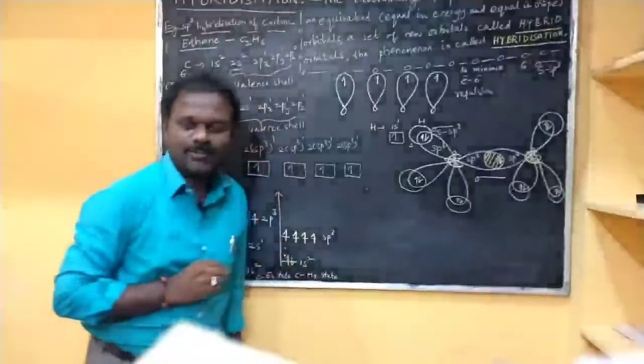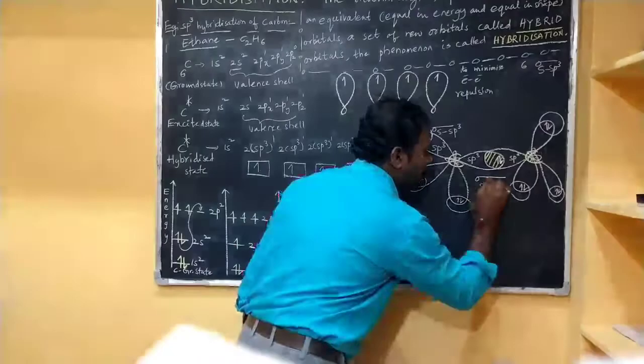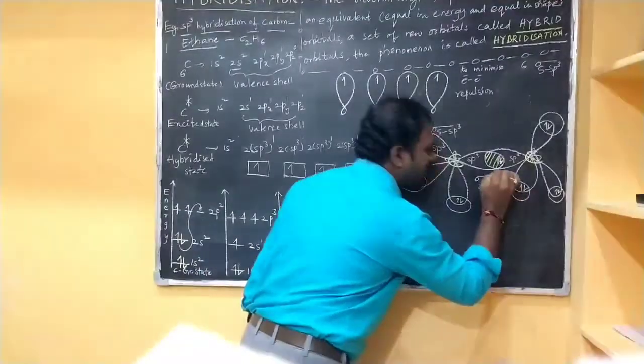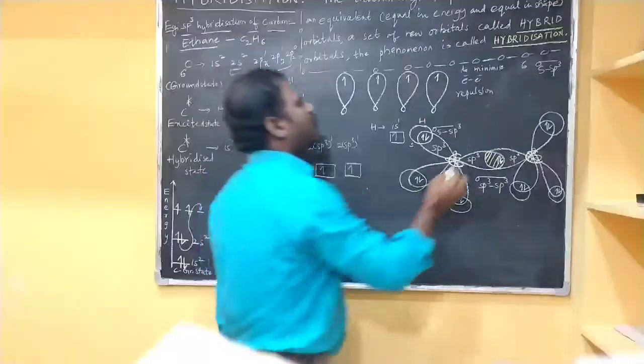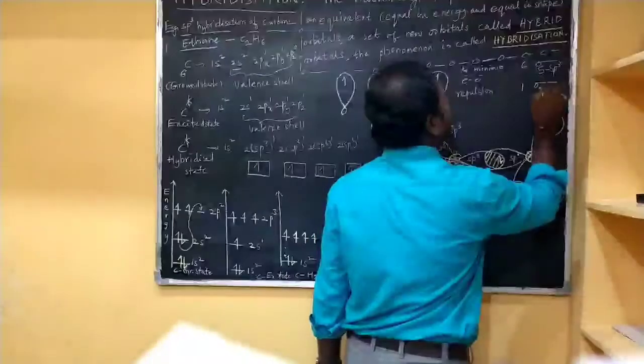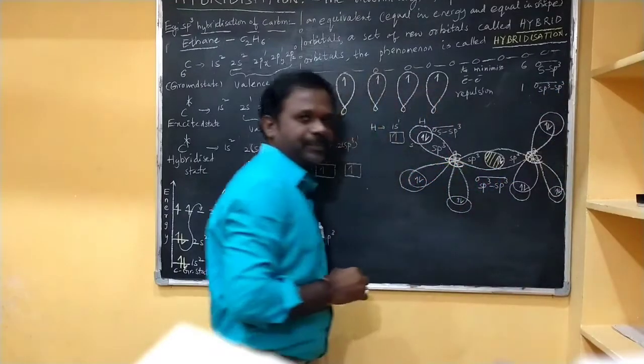What is the nature of the bond? It is a sigma bond by the overlapping of sp3 and sp3. Here only one sigma sp3-sp3 bond is formed.